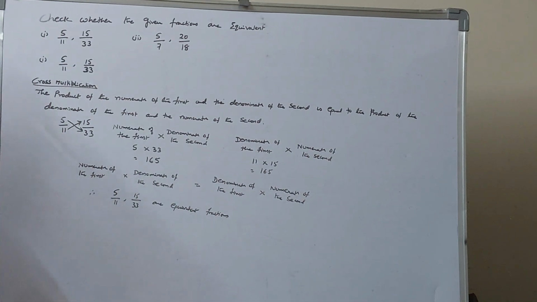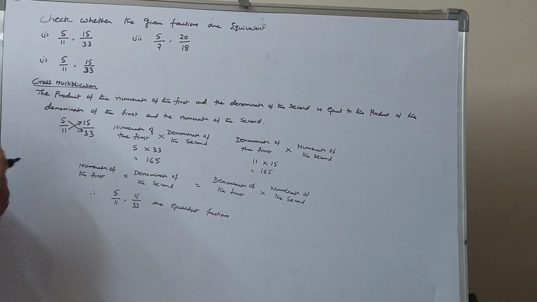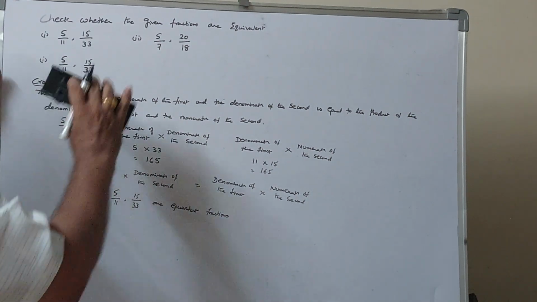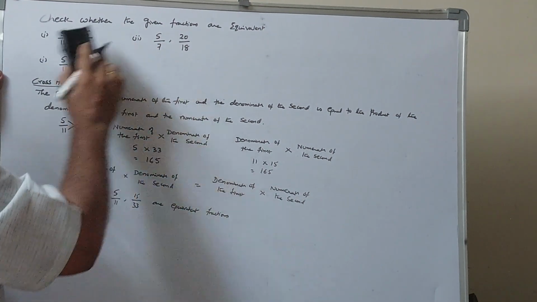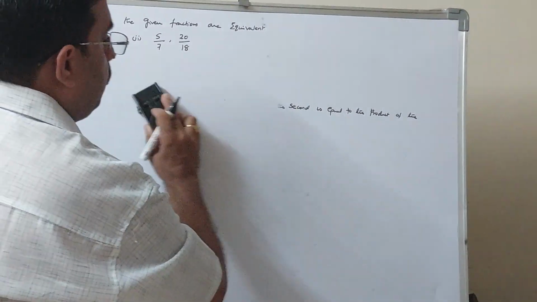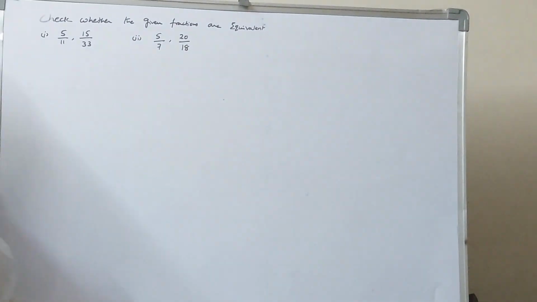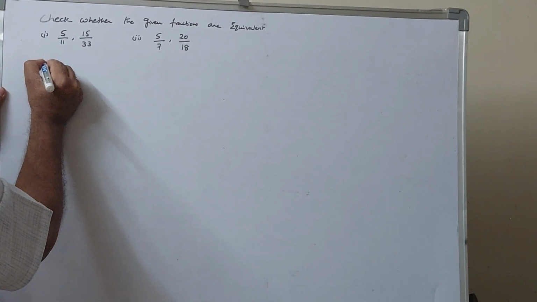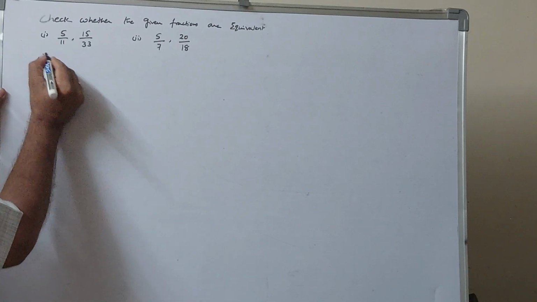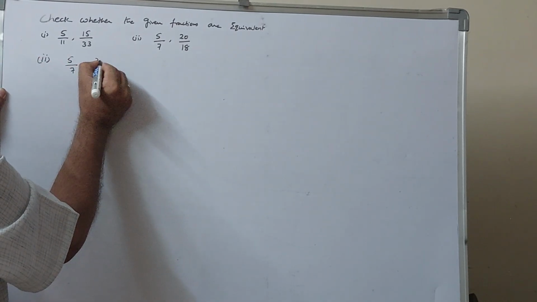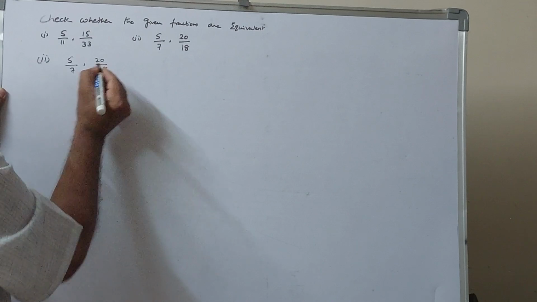Similarly, the second one. How to do the second one? See here. Second question is 5 by 7 and 20 by 18.